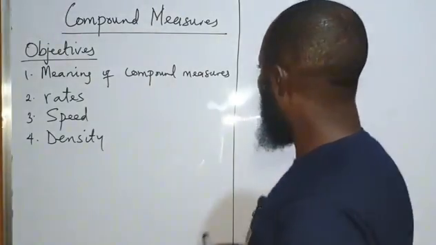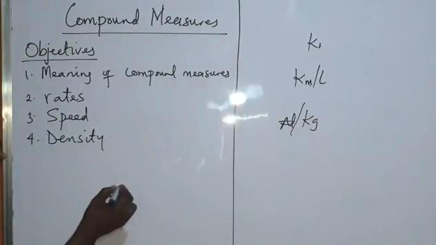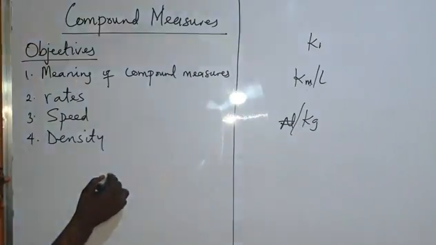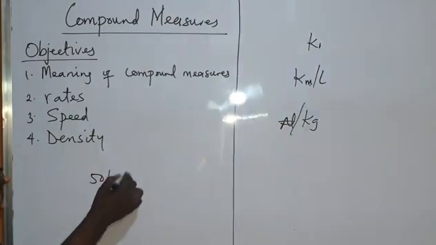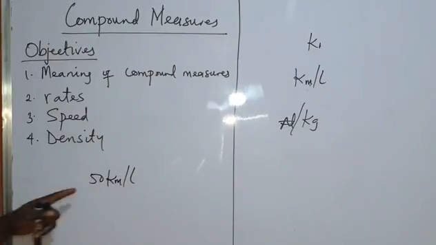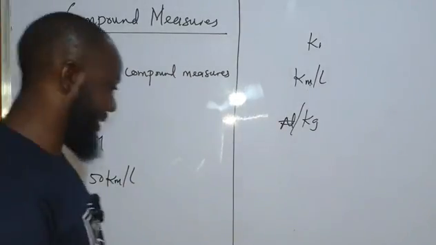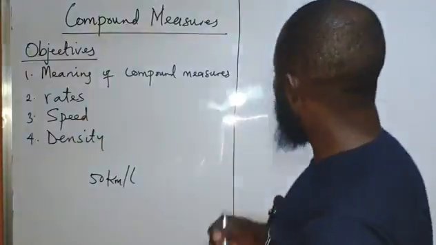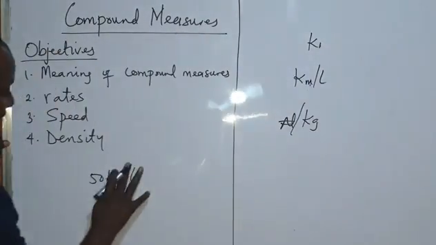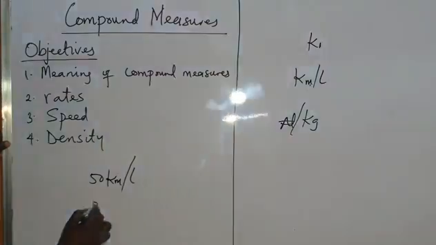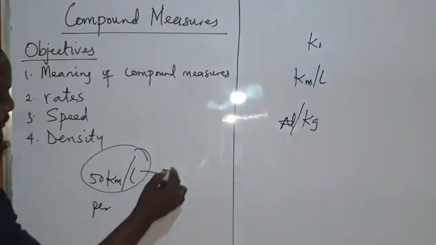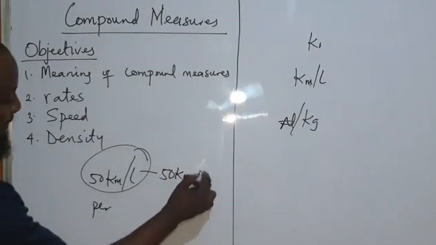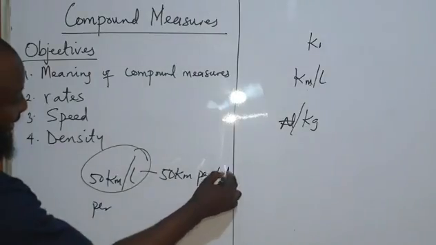So for example, you have, let's say, 50 kilometers per liter. What does this mean? The word per here, this line, means per. So if you want to write this statement, you write 50 kilometers per liter, right?